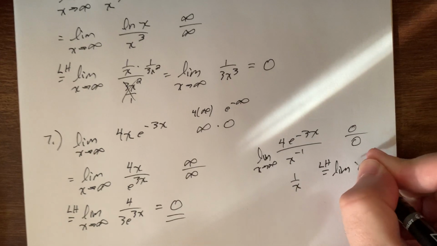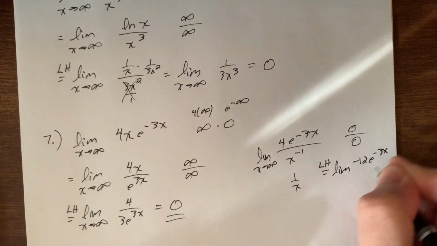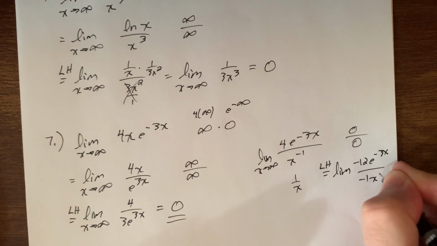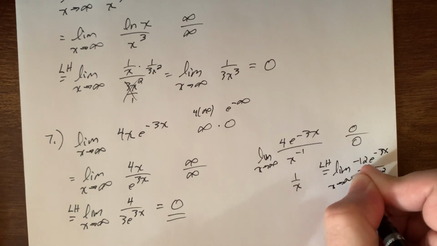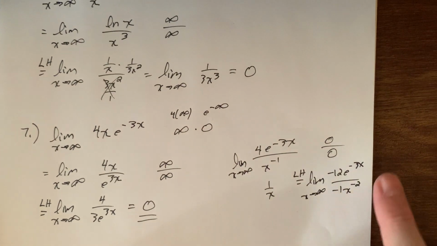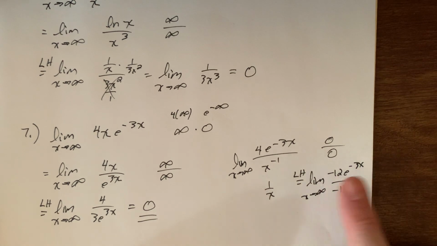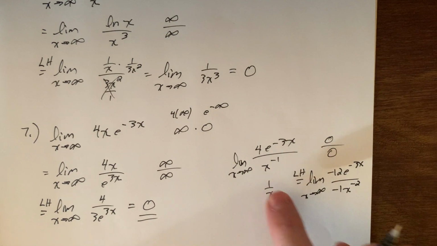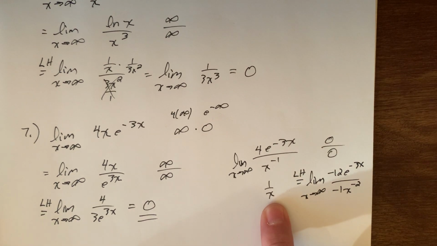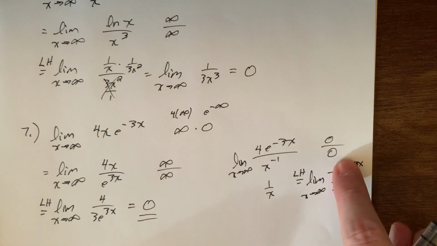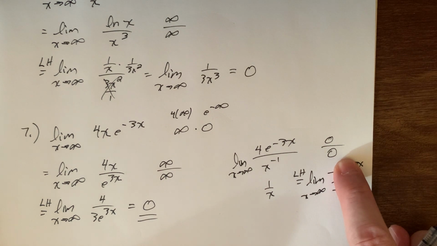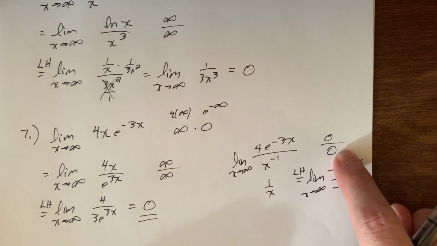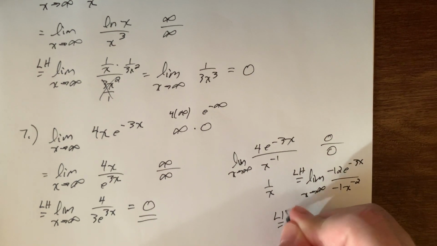But look what happens. You'd be in the same spot. You get minus 12e to the minus infinity, that's 0. Now it's minus 1 over x squared, but as x goes to infinity, that still goes to 0. So you're still in 0 over 0, and some people say, oh, no big deal, we've seen that.